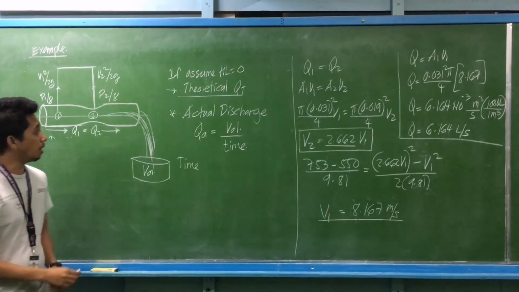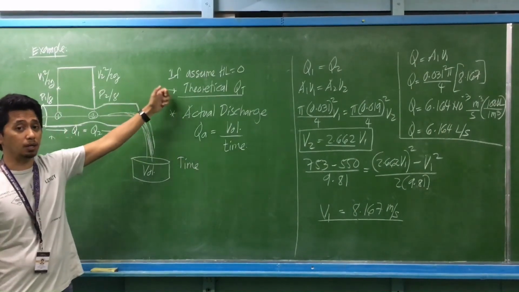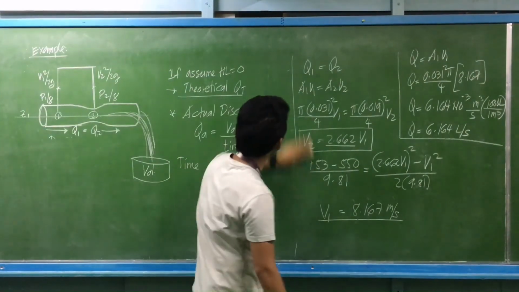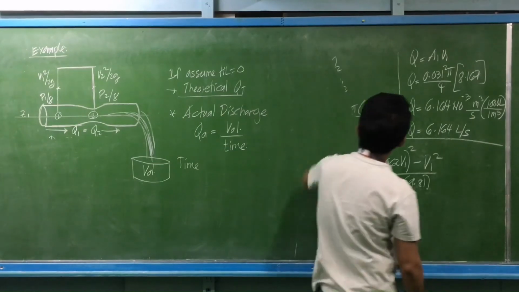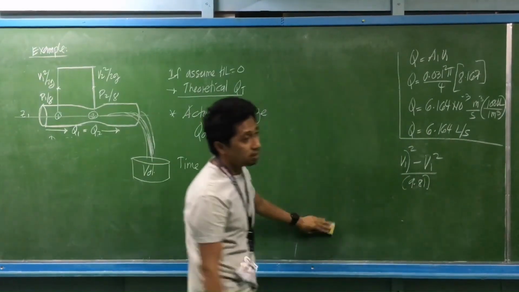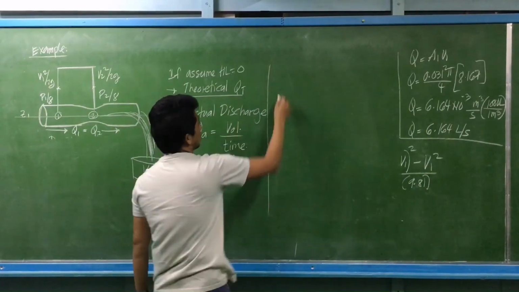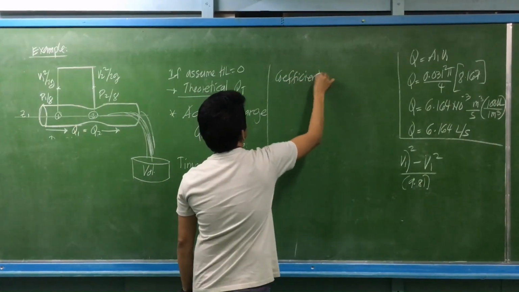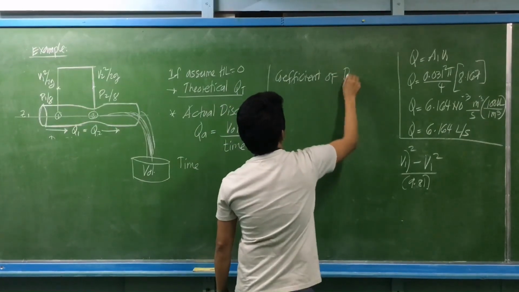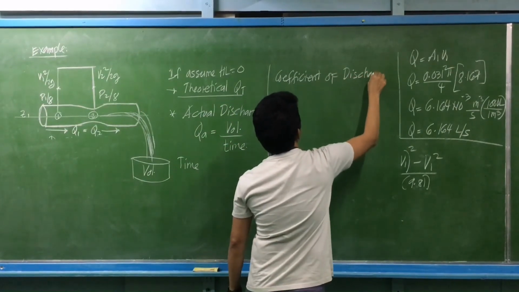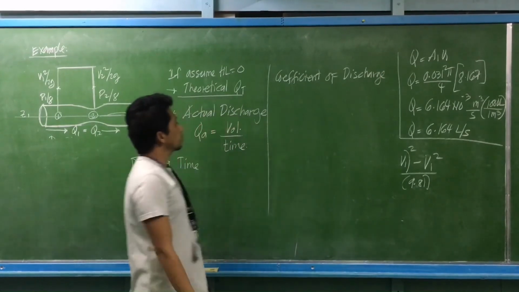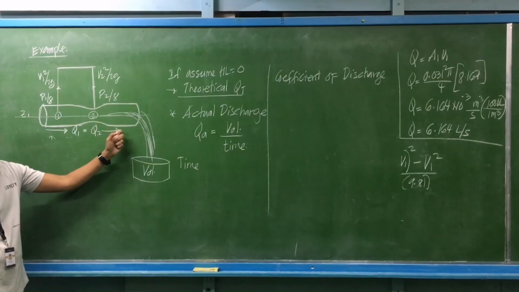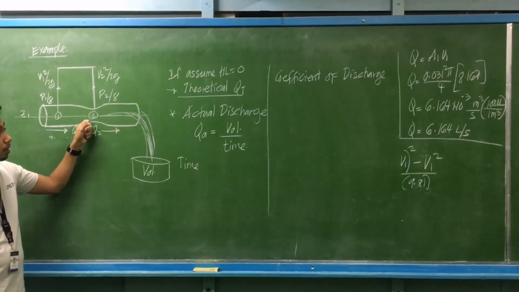So what is the purpose of knowing the theoretical discharge and the actual discharge? That is to determine the coefficient of discharge of this pipeline or of this Venturi meter.